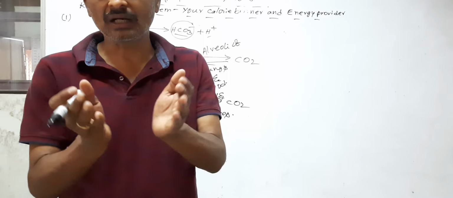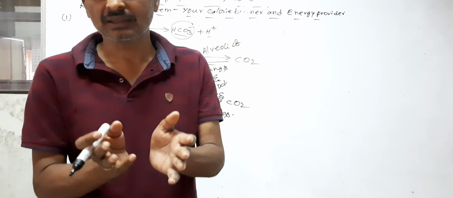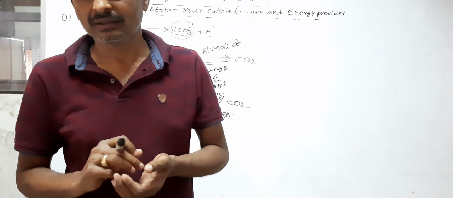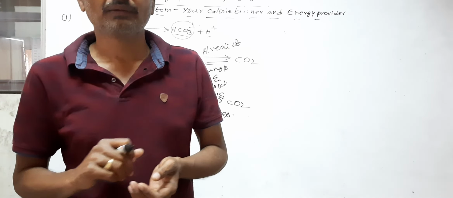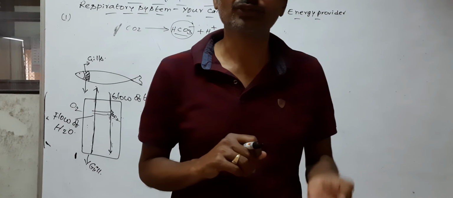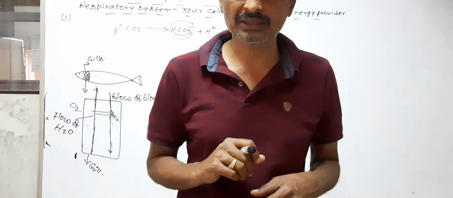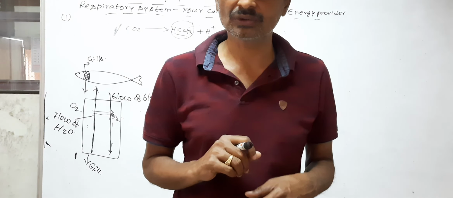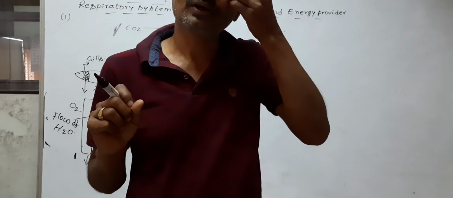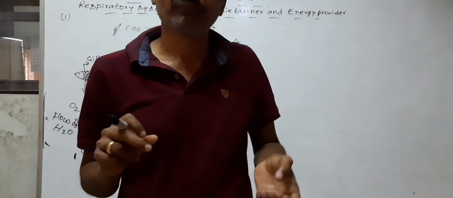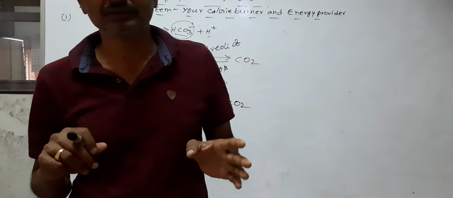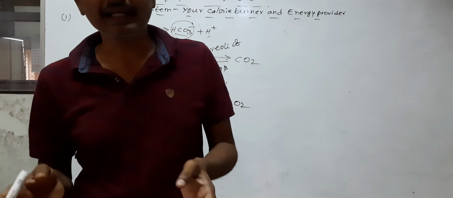So a large amount of oxygen is held by myoglobin. Blood contains hemoglobin, but muscles contain myoglobin. Myoglobin has more affinity for O2. So myoglobin stores a large amount of oxygen. During the insufficient supply of oxygen, the myoglobin releases its oxygen.